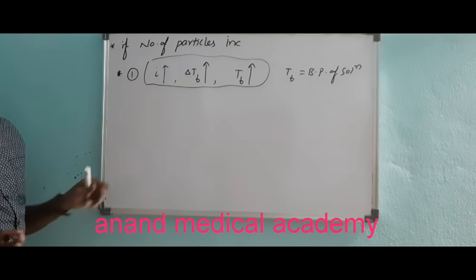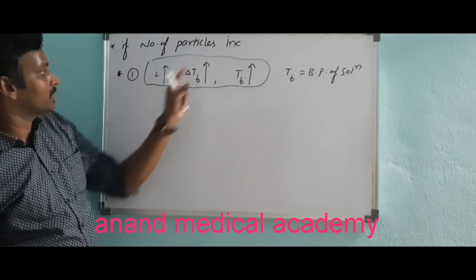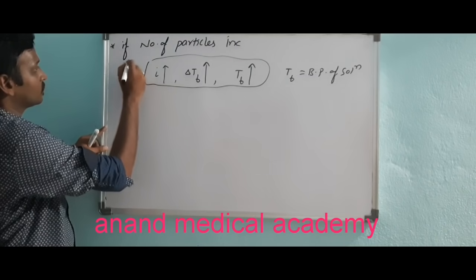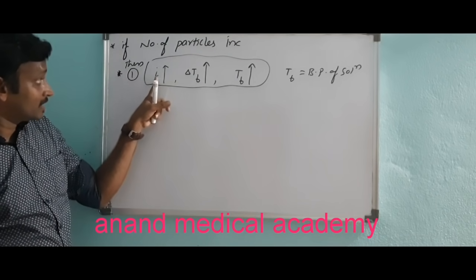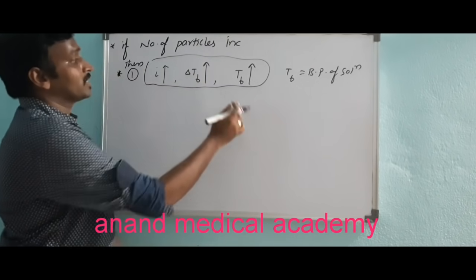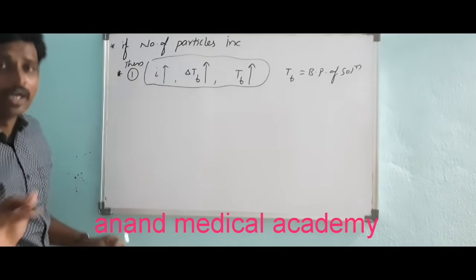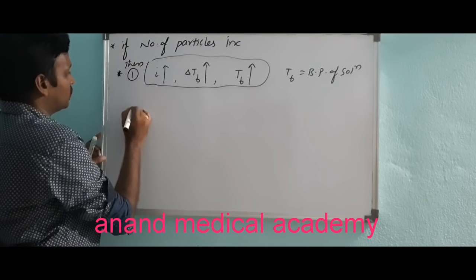So this is the final summary of what we had previously. If number of particles increases, then i value increases, delta Tb increases, as well as boiling point of solution increases.